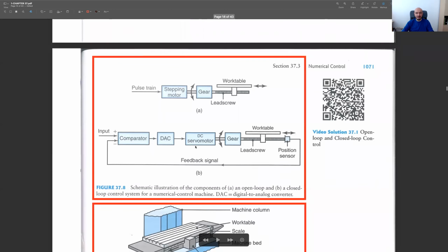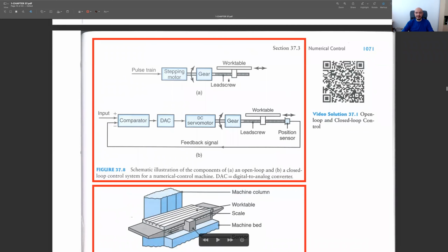Since we have images here, yes, this is the open loop control system. As you see, obviously, we don't have any feedback like in the case of the one below. The one below is called feedback control or closed loop control system. In the open loop control system, we simply provide the input and then don't check the result of this operation.